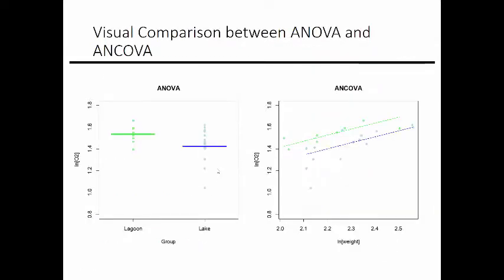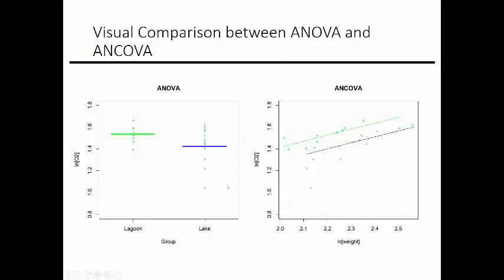So if I want to look at a visual comparison between what ANOVA was doing and what ANCOVA is doing, my ANOVA, again, is literally just fitting a mean to each one of these groups, whereas my ANCOVA is fitting a sliding mean based on the covariate value of natural log of weight. So I'm accounting for the size of the fish in the amount of oxygen it's consuming.